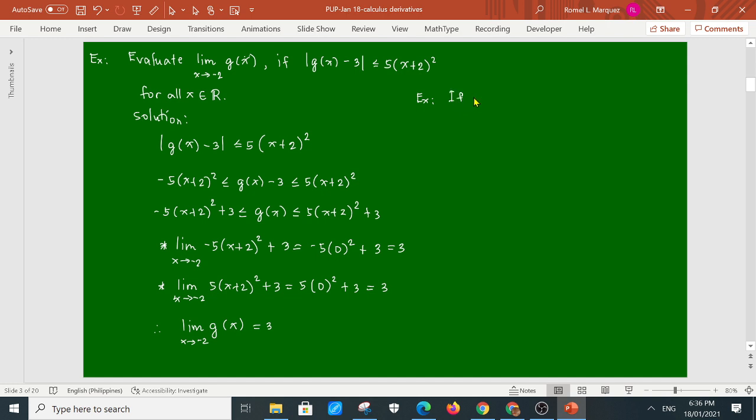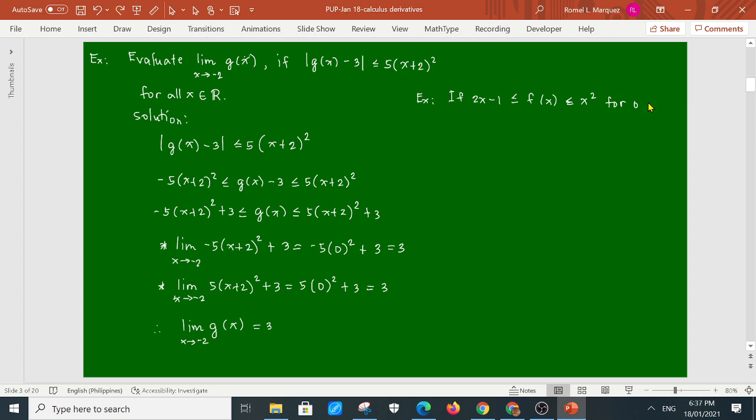If 2x minus 1 is less than or equal to f of x, then f of x is less than or equal to x squared for x between 0 and 3.